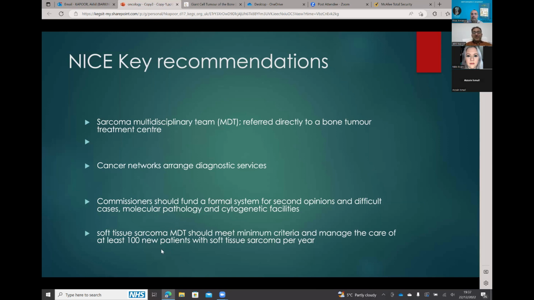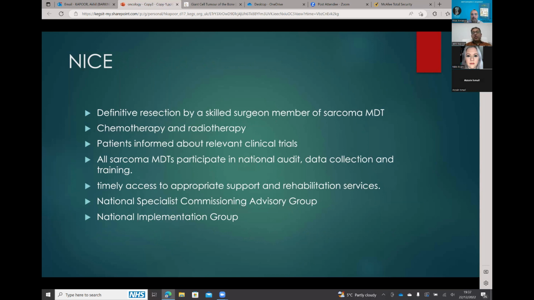Soft tissue sarcoma MDTs should meet some minimum criteria and manage the care of at least 100 new patients with soft tissue sarcoma per year. NICE has also recommended that definitive surgical resections of malignant tumors should be performed by a skilled surgeon who is a member of the sarcoma MDT. NICE has also given recommendations around modalities like chemotherapy and radiotherapy, and facilities should be available.